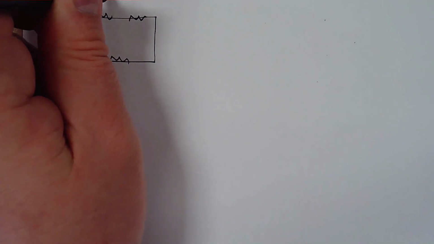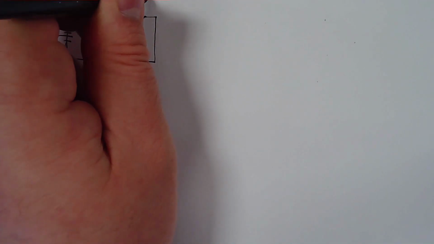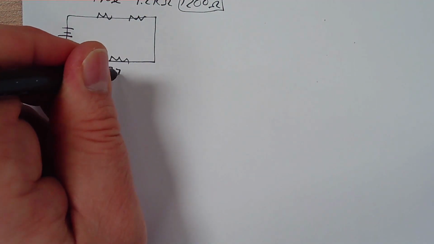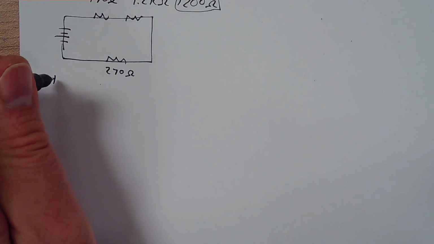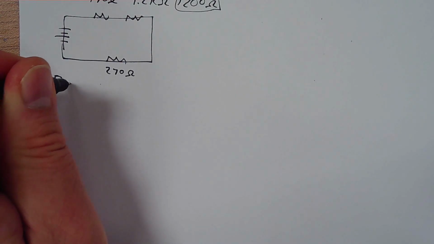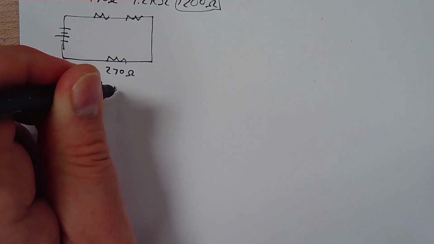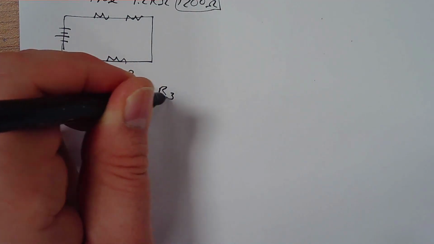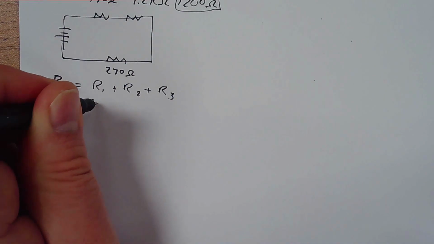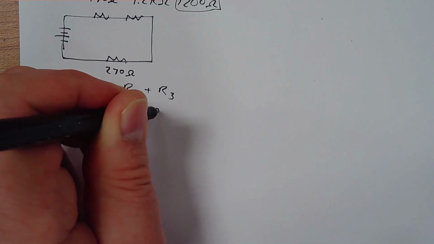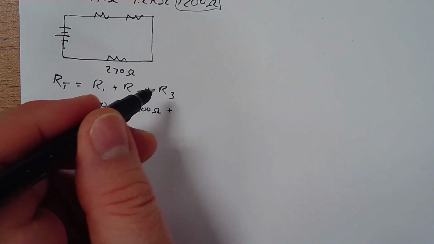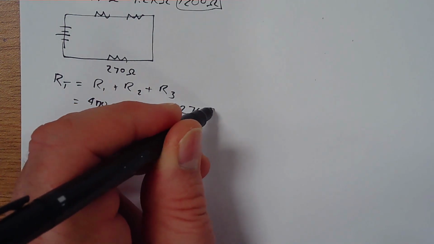It's got 470 ohm, 1.2 kilo ohm, which we can write out as 1200 ohm, and it's got 270 ohm. All right, resistances in a series circuit add, so RT is equal to R1 plus R2 plus R3, which is equal to 470 ohms plus 1200 ohms plus 270 ohms.